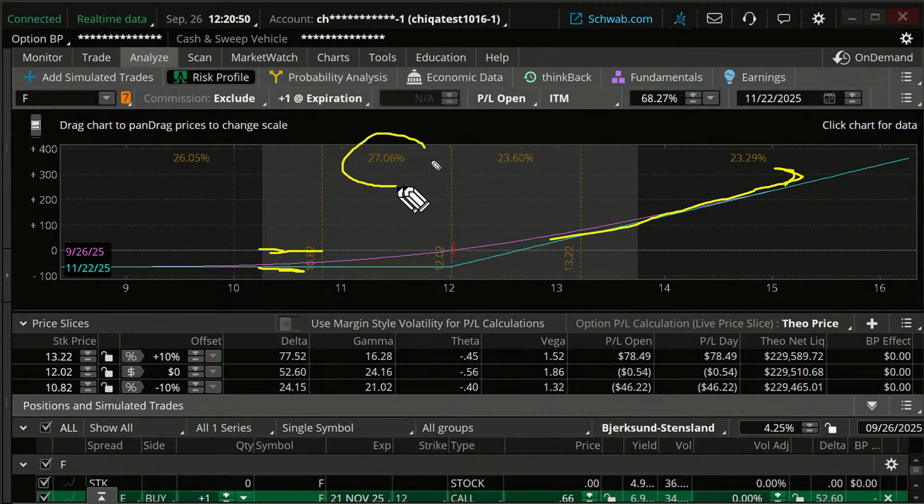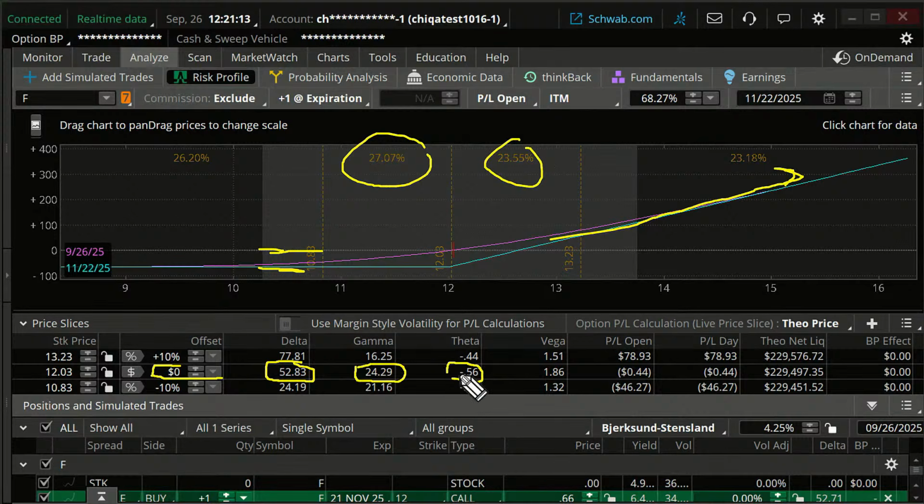What your probabilities are for the trade, we talked about that. What about the Greeks though? On some trades, you're going to want to know what the Greeks are. For the current price, we're just going to focus on this middle slice right here. Here's the Greeks for this trade. If I do this, it's a 52 delta, okay? It's a 24 gamma, minus 56 delta, and so on, theta, and so on.